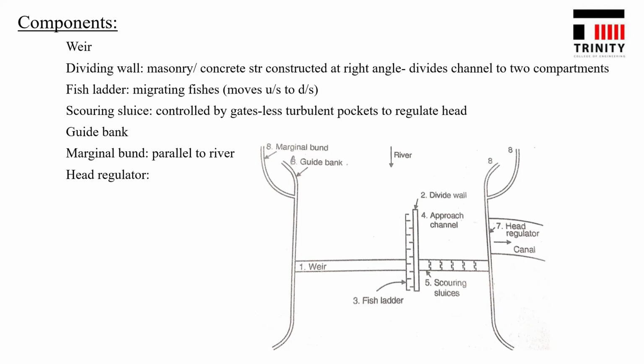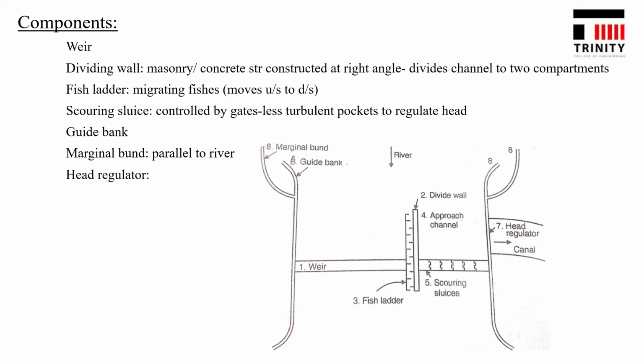Actually, the weir has been discussed. It is a solid obstruction put across water to increase the water level and to divert the canal. Whereas the dividing wall is a masonry or concrete structure that is constructed at right angles to the weir. It divides the river channel into two compartments. Whereas the fish ladder, from the name itself, it is known. It is provided for the migratory fishes, which move from upstream to downstream in search of warm water in winter.